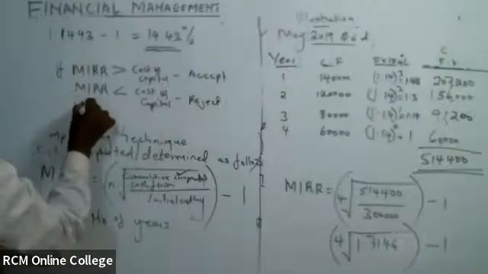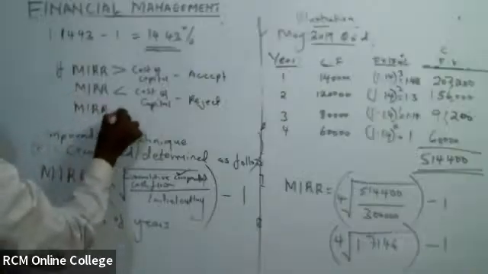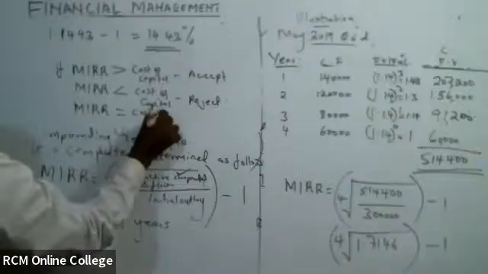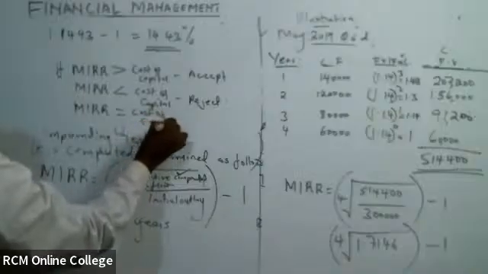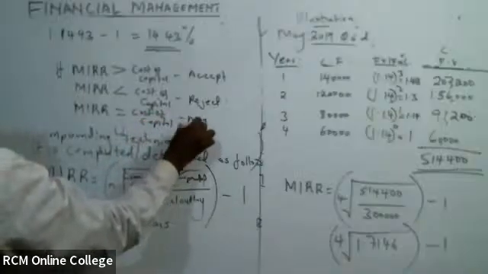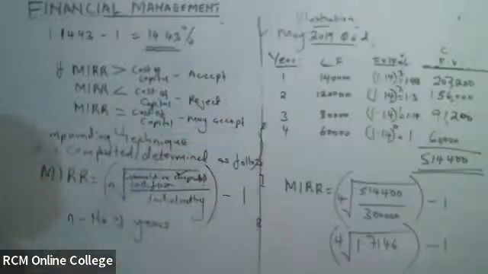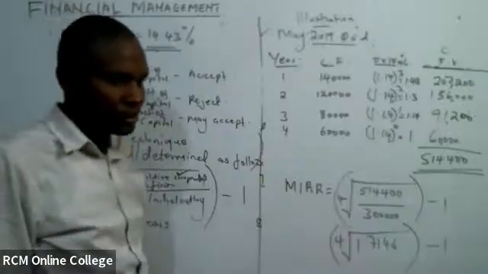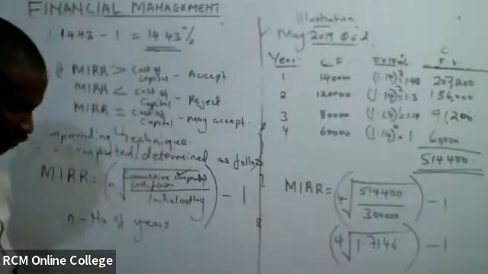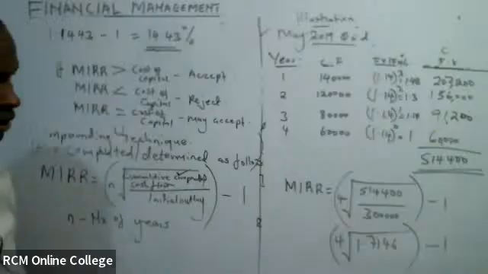Alafu hiyo ingine, MIRR equal to cost of capital, you may accept. Great. So that is the decision rule.